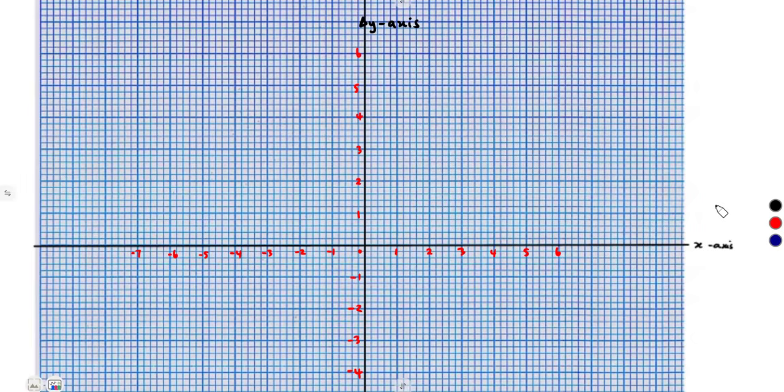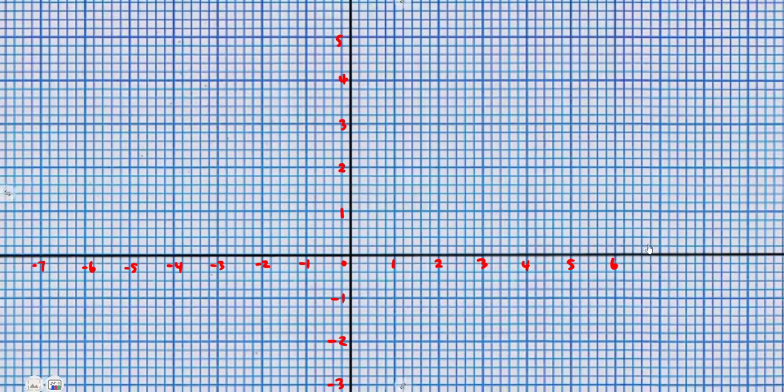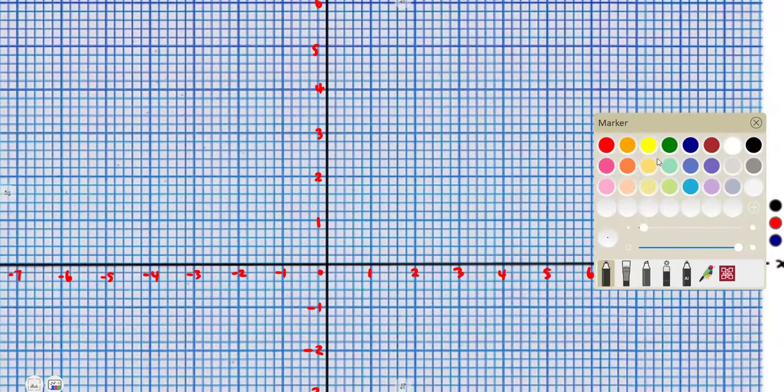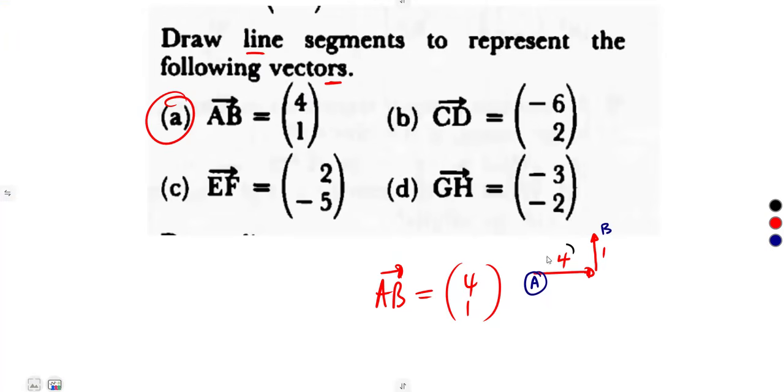I want us to just see something, all right? Let's hope we're going to understand each other. So let's say this is where our point A is here. From the point A, we are going to move 4 units in the x-axis going to the right.